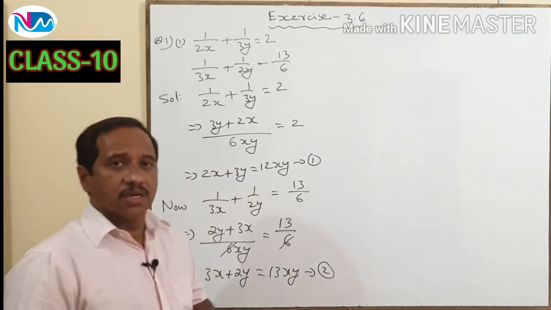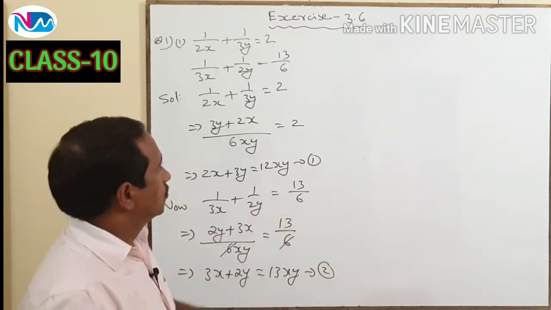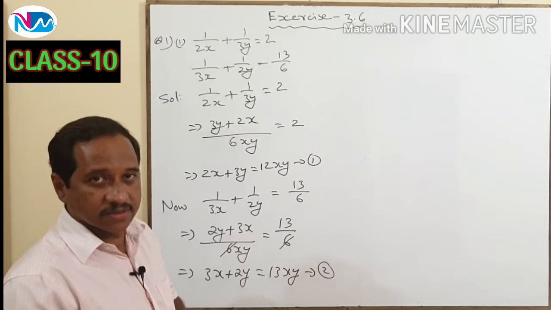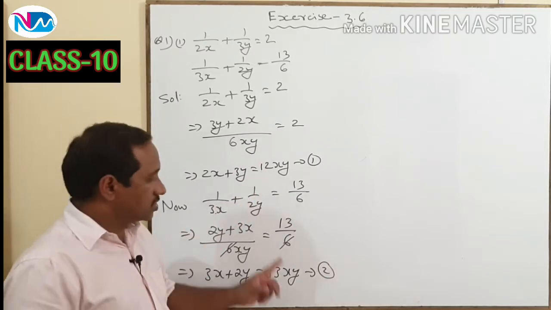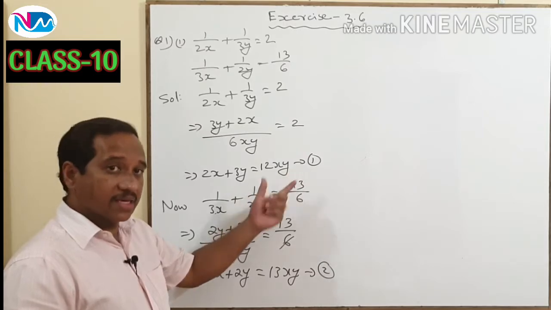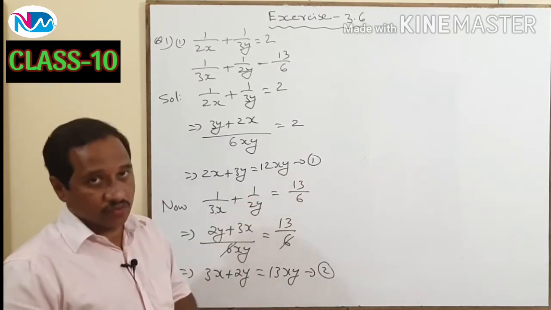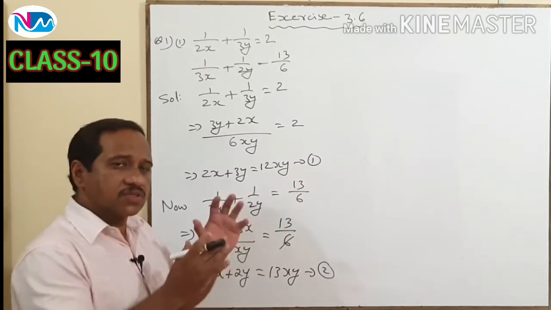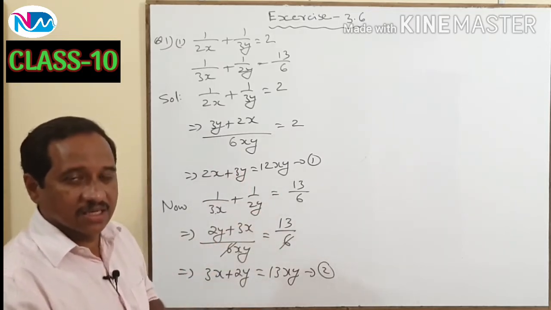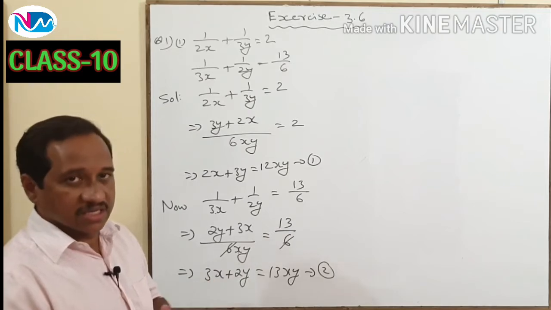Here, usually we have the RHS a constant. But here, in equation 1 and equation 2, you can see we have 12xy and 13xy. But we will solve as if there is no xy in the RHS by the elimination method.